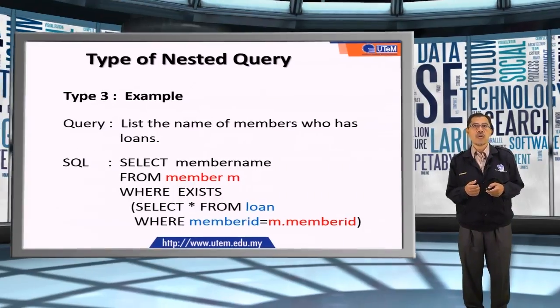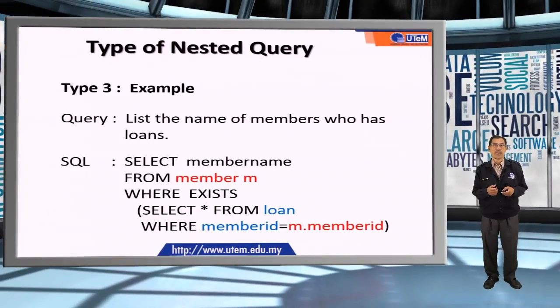For example, in the query that asks for a list of name of members who has loans. In this query, for each member, the inner query will find the associated rows in the loan table. If there are rows returned by the inner query, the member name is displayed, or else skip to next member. Next slides will demonstrate this type of nested query.